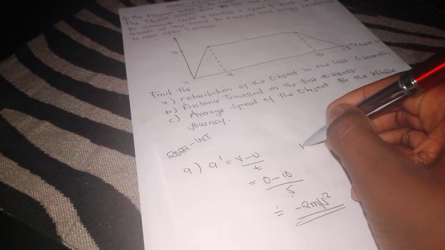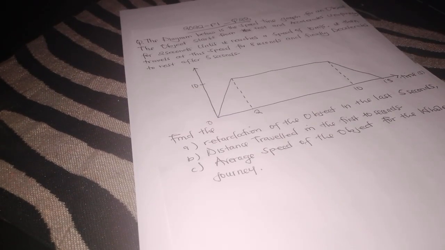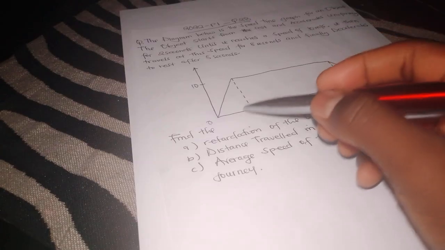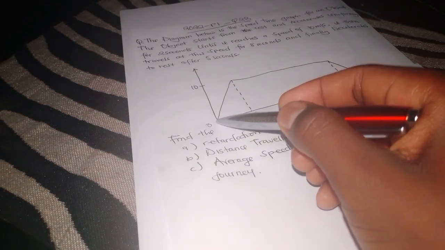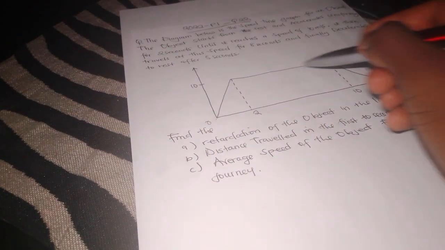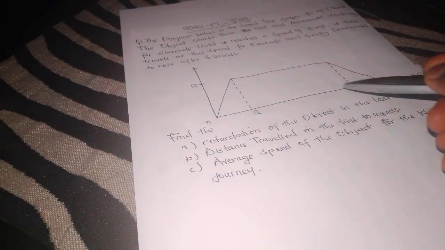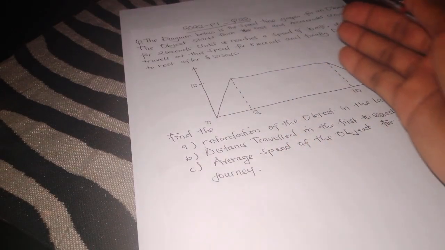Let's quickly go to question B. Question B is saying find the distance traveled in the first 10 seconds. So in the first 10 seconds, we are talking about this distance from here to there, except on this part.